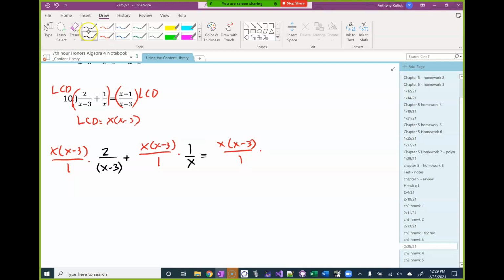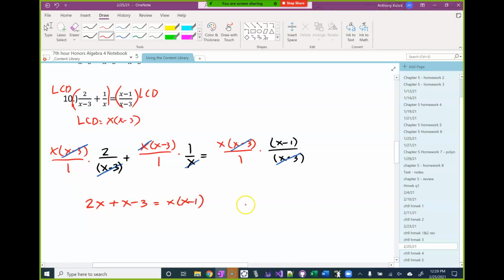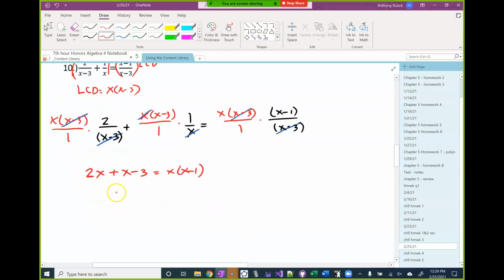And then I can reduce. So that's going to leave me with 2x plus x minus 3 equals x minus 1. And I'm going to combine like terms and multiply everything out, and then move everything onto one side. The quadratic that I'm left with, I can see is easily factorable, so I'm going to solve it by factoring.